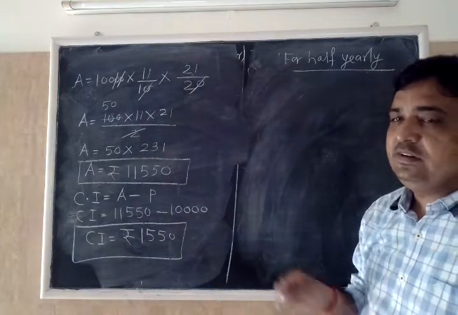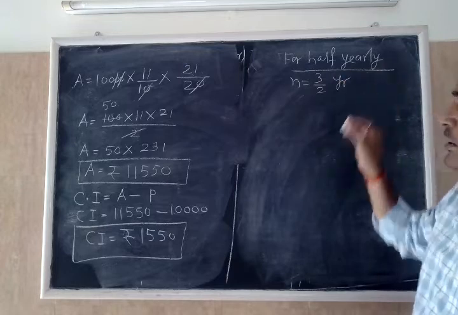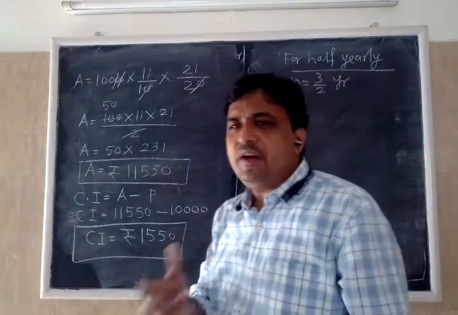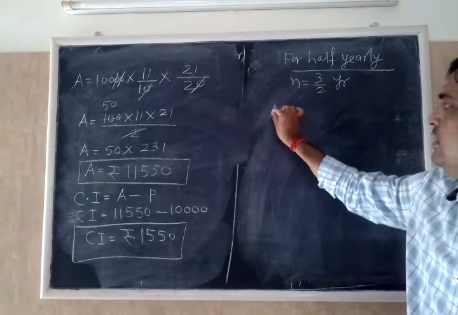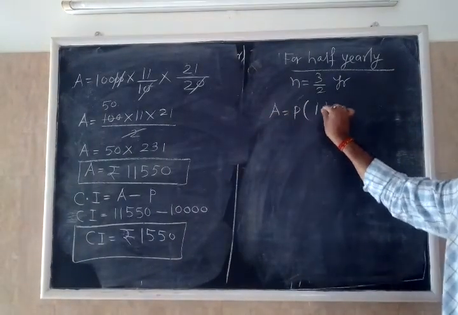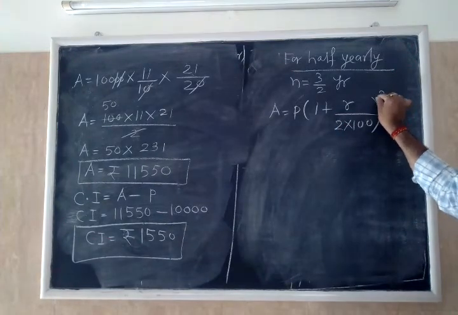For half yearly, we have to find CI. So before finding CI for half yearly, n is 3 by 2 year. So for half yearly, directly use the formula. What is the formula? A is equal to P into 1 plus R upon 2 into 100 raised to 2n.